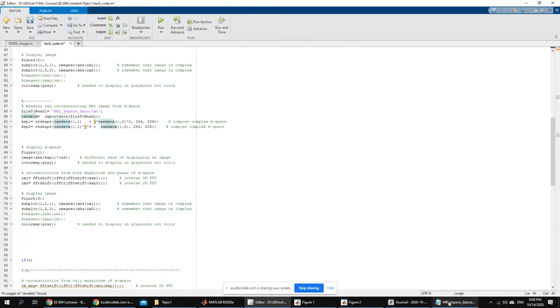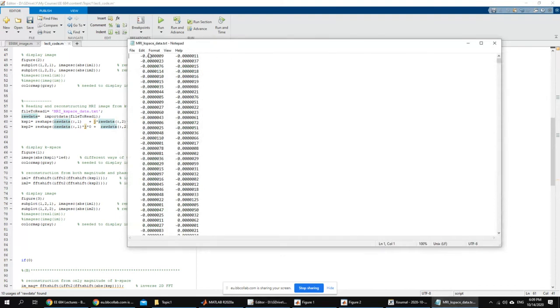I'm going to see what I come up with if I take only the first column, the real part, or the second column alone. I'm going to show you the importance of both the real and imaginary parts. They are both important. You cannot reconstruct without both.